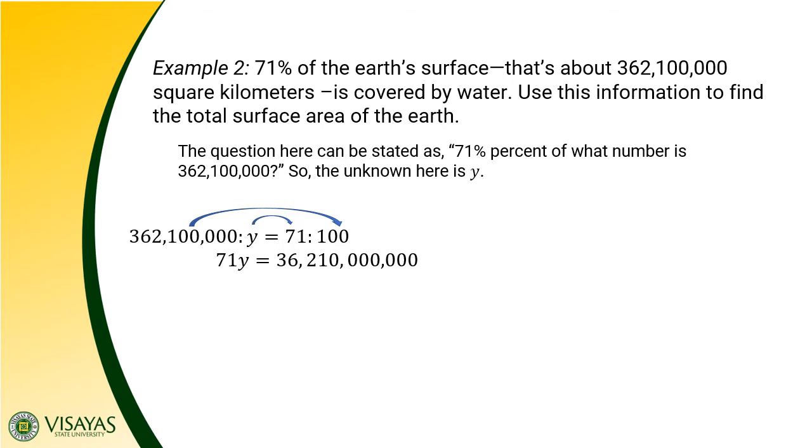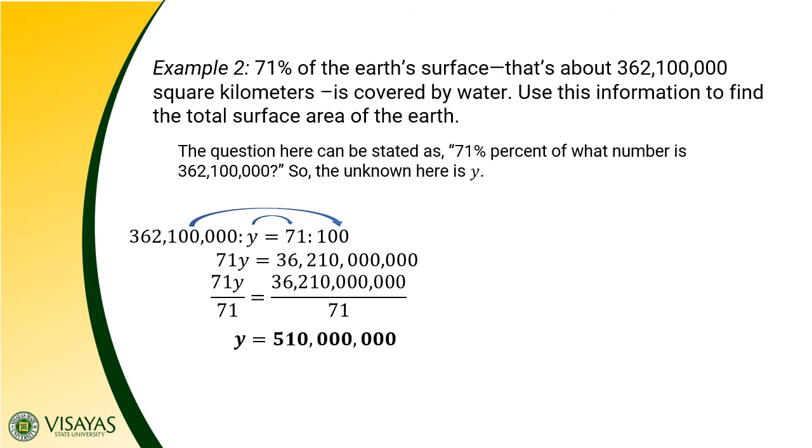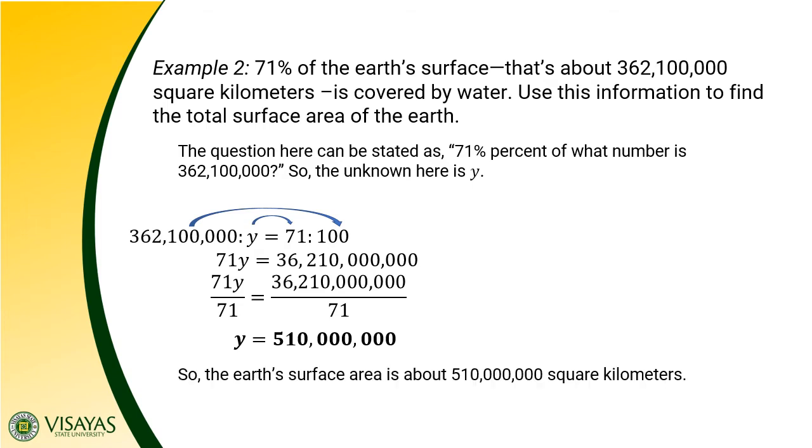Okay, and to find the value of y, divide both sides by 71 and simplify. That is 510 million. In conclusion, the Earth's surface area is about 510 million square kilometers.